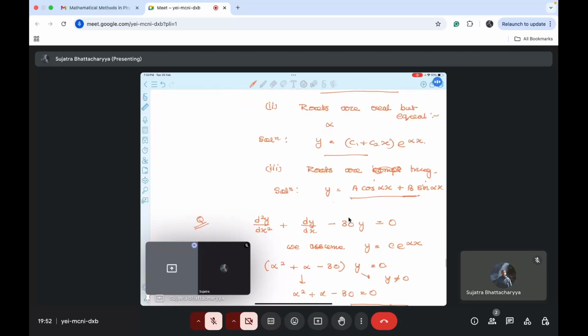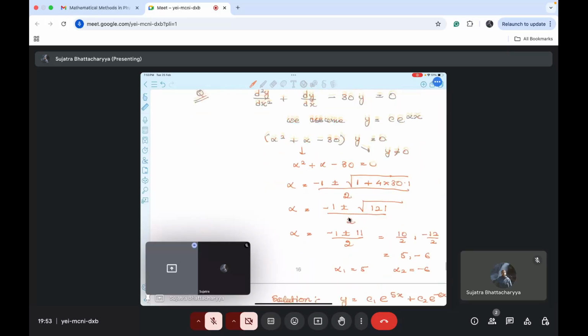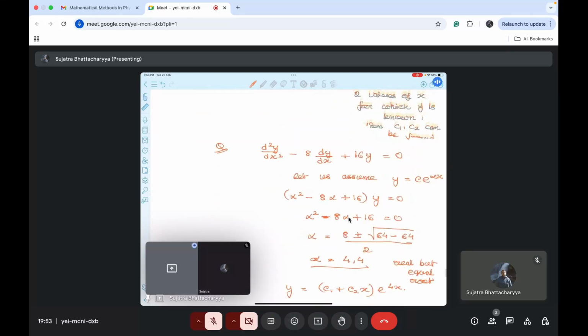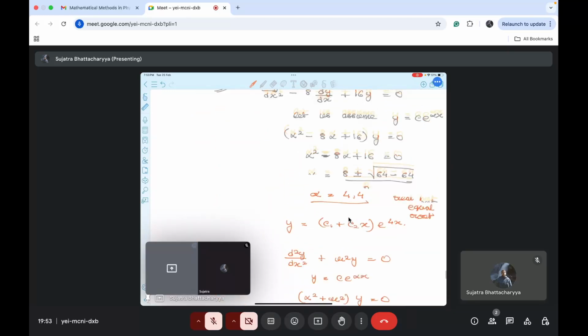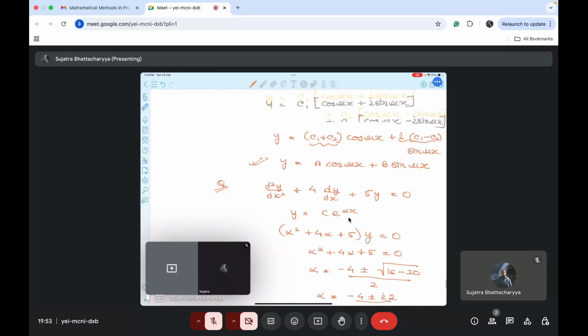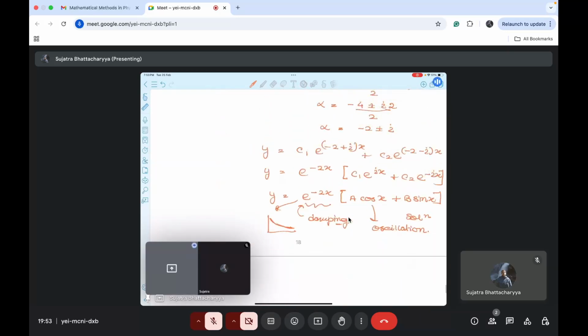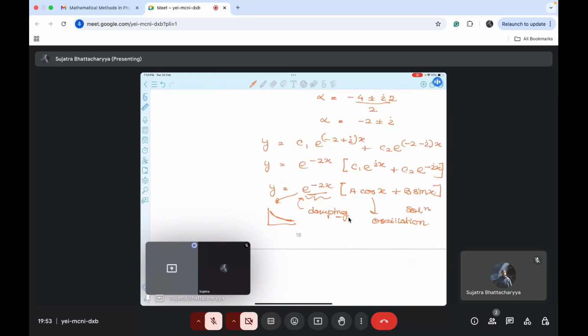This is physically linked to oscillations. Sine and cos, you can see that it is mostly associated with the oscillations. We solved three examples based on these three kinds of roots. And yeah, we have also seen one example where the damping part is also shown in case of a physical oscillation.